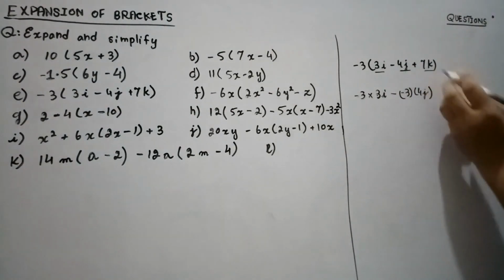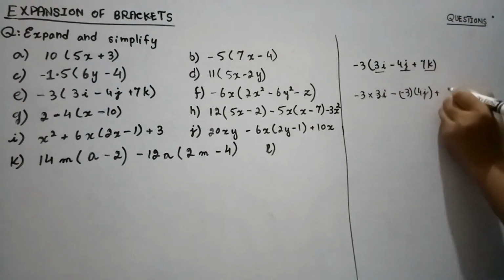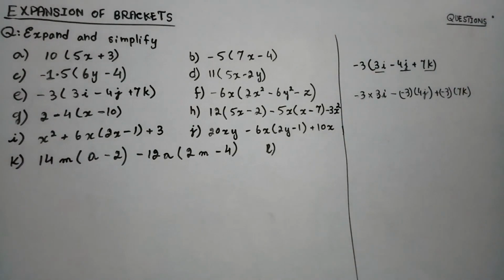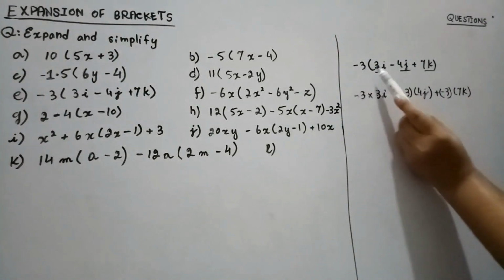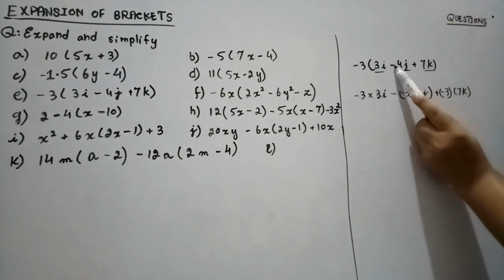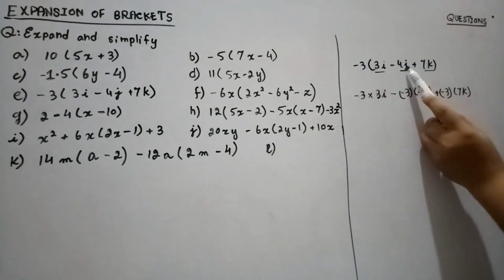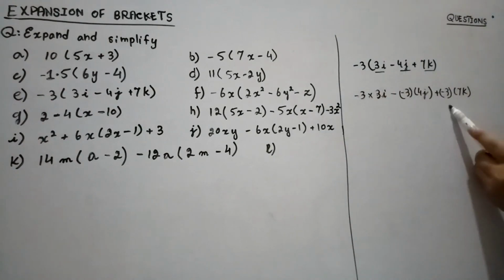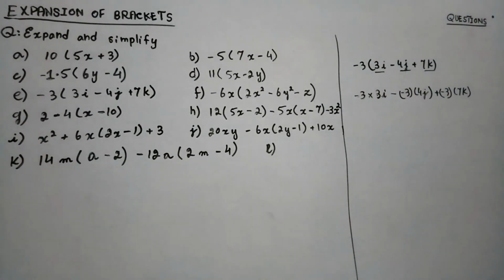And if I write this positive sign as it is, this negative 3 again is going to multiply by 7k. You're getting my point? This negative 3 and this 3i, this negative sign as it is, this negative 3 and this 4j, this positive sign as it is, this negative 3 and this 7k. Clear? I hope you are getting my point.